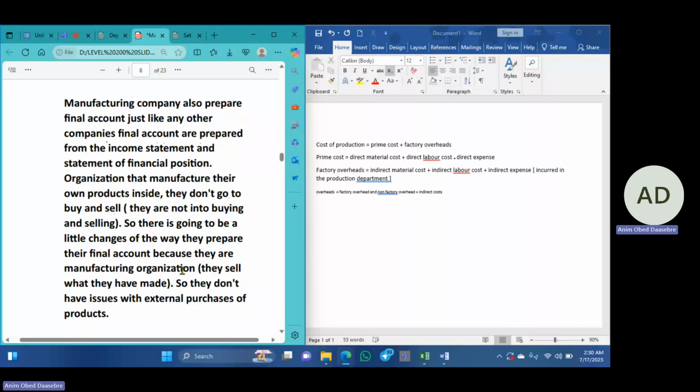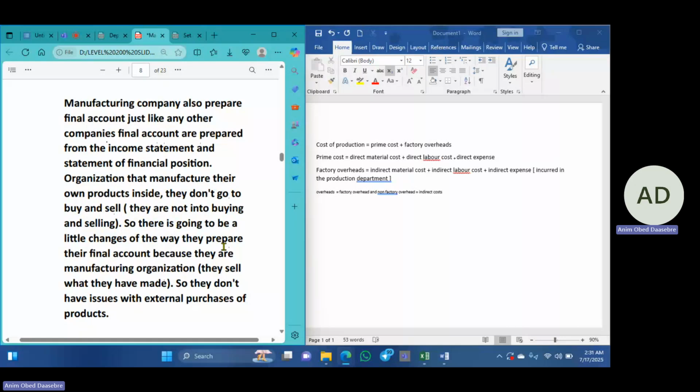That's why we need to prepare this manufacturing account, so that we know the cost that will go into the product that we have manufactured and are ready to sell. Unlike the trader, where we start the final account straight away from the income statement, here we need to prepare the item before we send it to the sales department, where we start with our income statement.